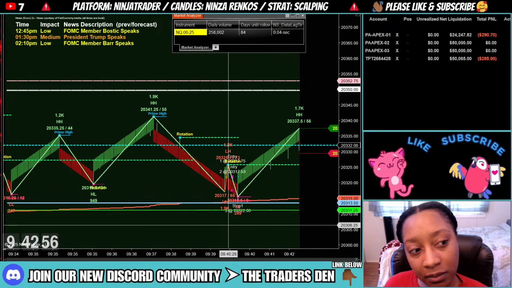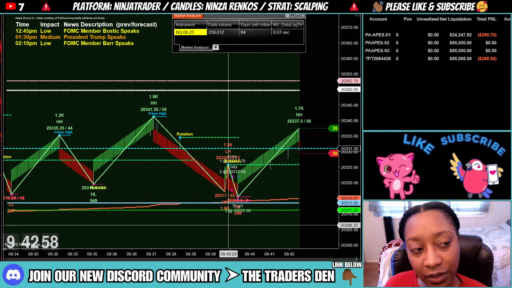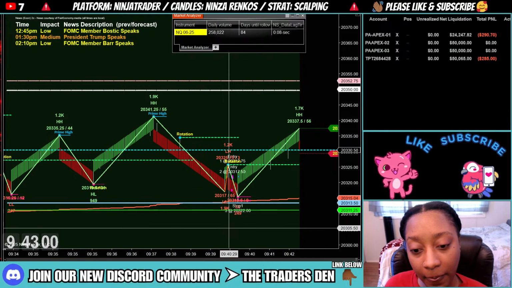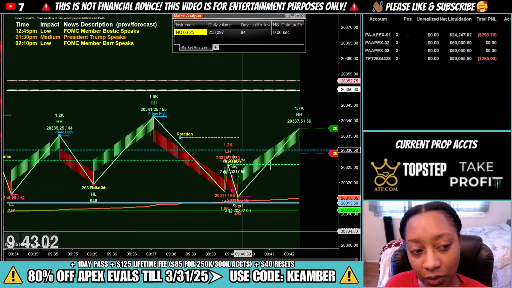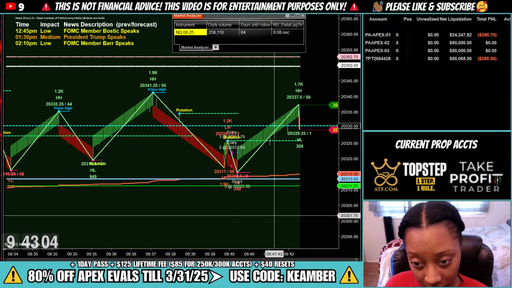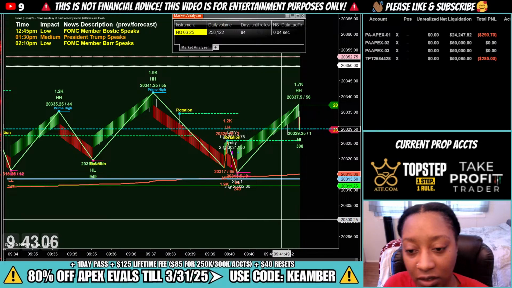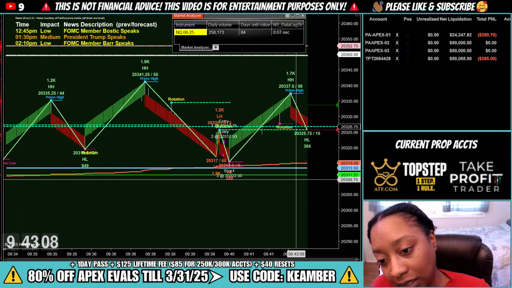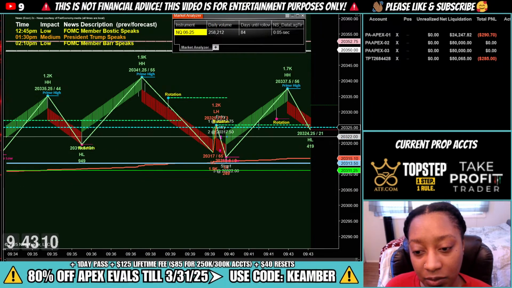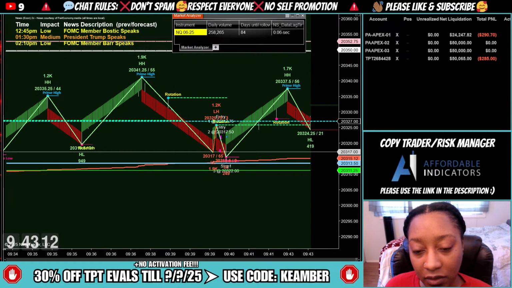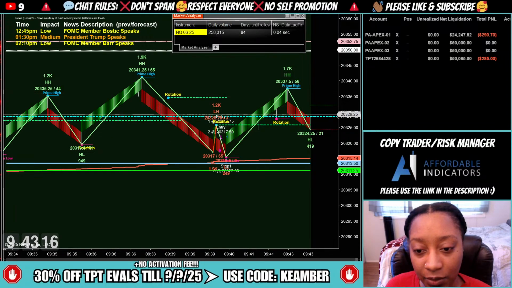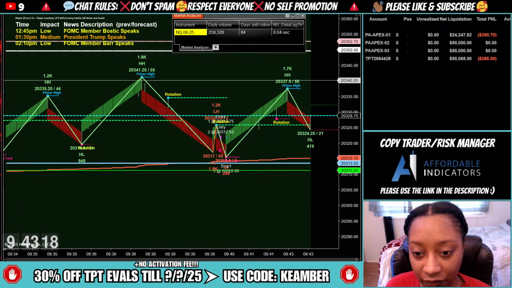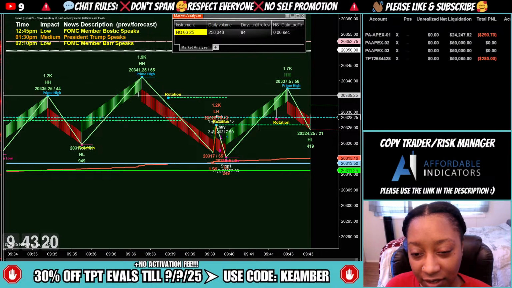The problem with trading volume only and not incorporating order flow, with Renkos at least, is that a lot of times volume supports the move, but then you look at the order flow and there'll be a negative delta in this reversal bar up, and then you lose the trade.